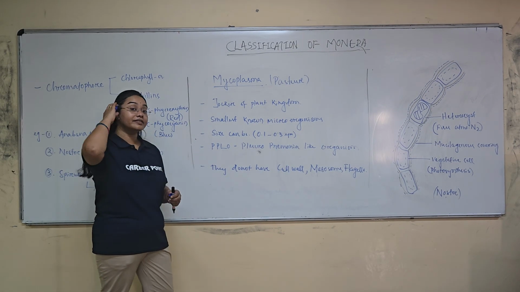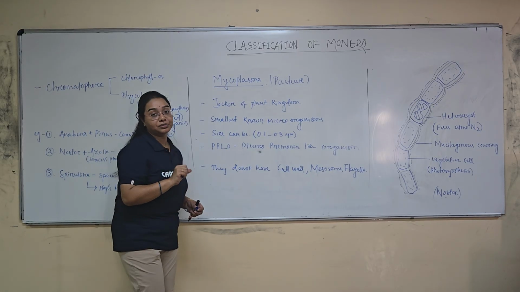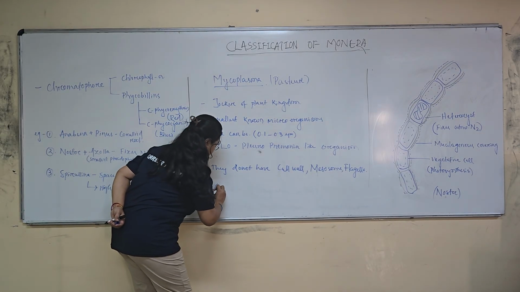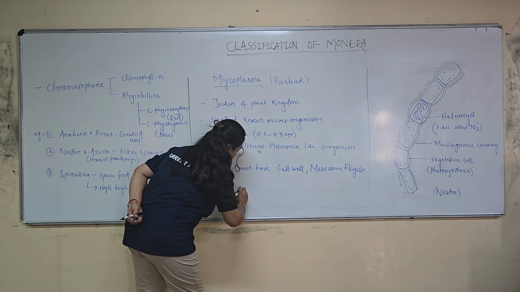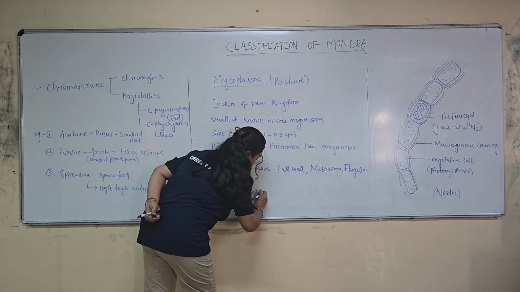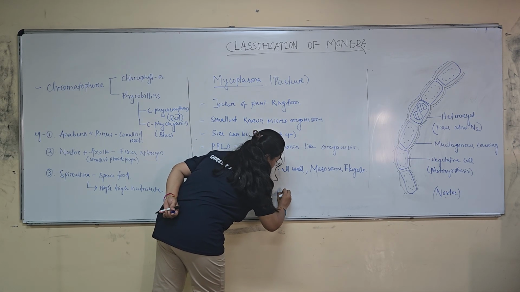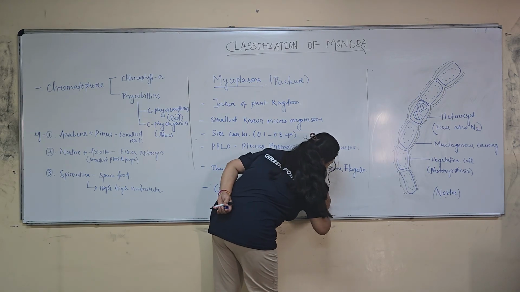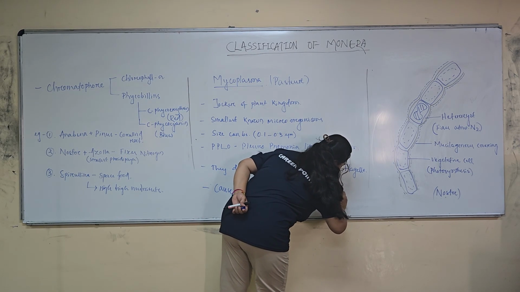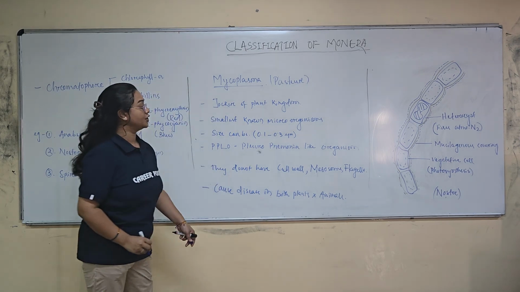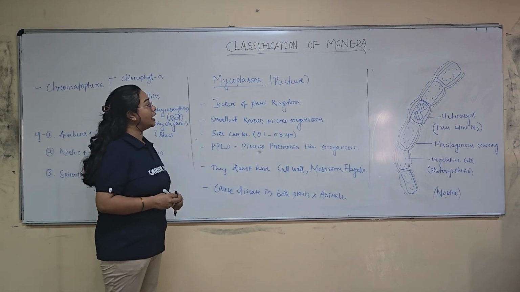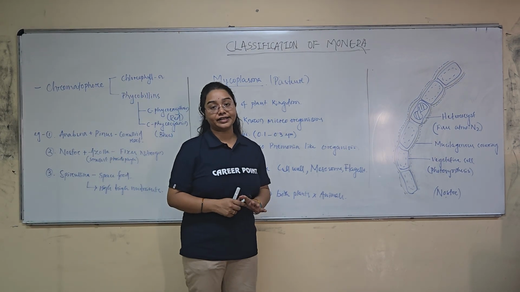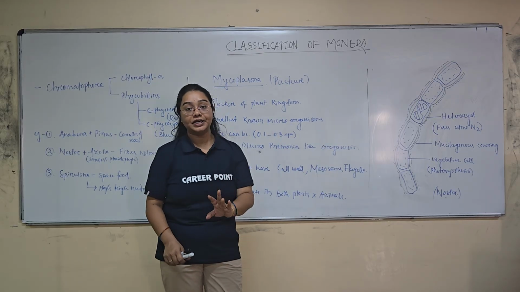They can cause injury to plants and animals. Okay, so mycoplasma are the smallest organisms known to date.